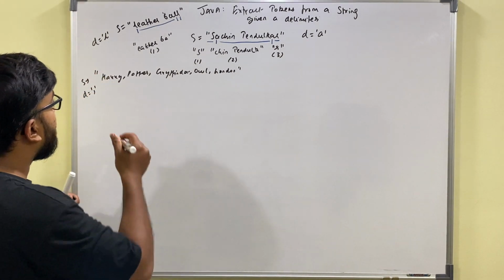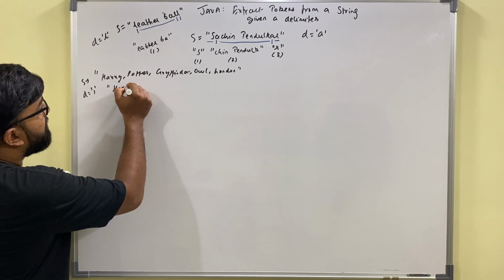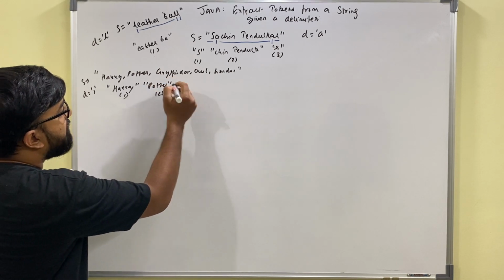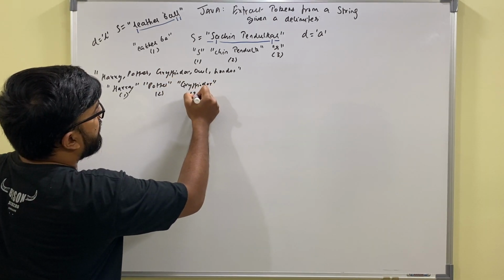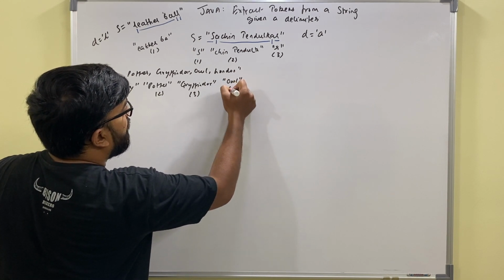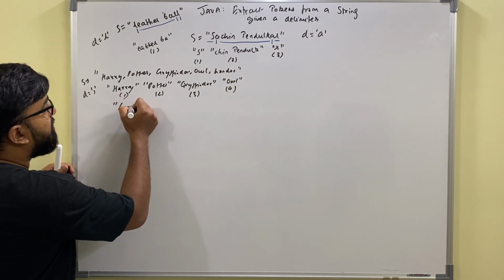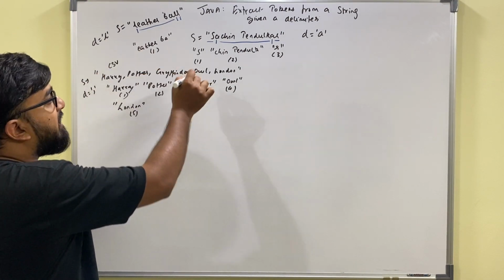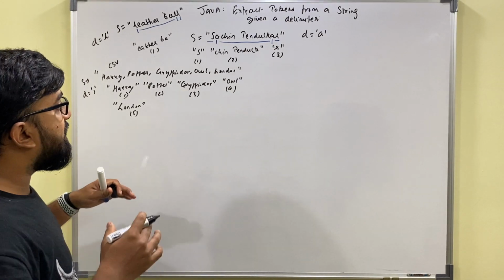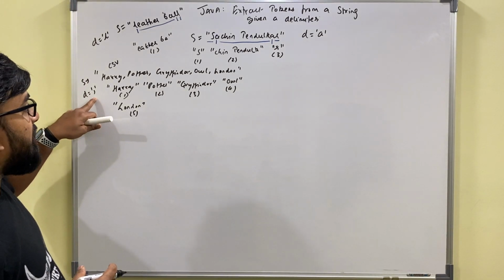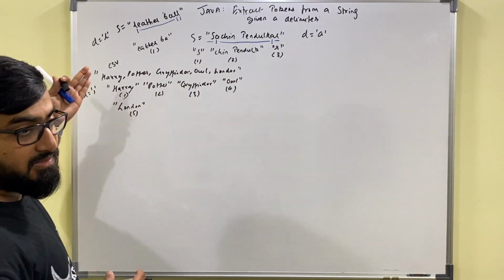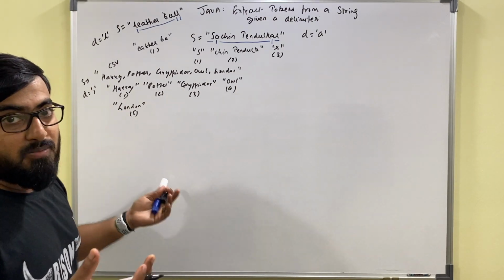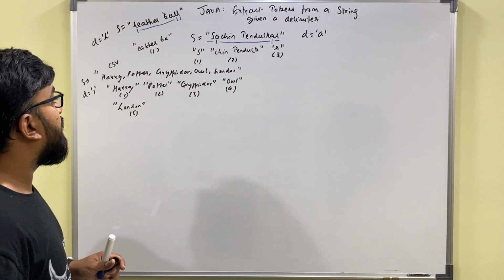So my tokens are Harry, my first token, then Potter is my second token, Gryffindor is my third token, owl is my fourth token, and London is my fifth token. This is what we call a comma separated values line. We must have heard of CSV files, and the delimiter in this is a comma which separates properties of something. In this case, about Harry Potter, house is Gryffindor, pet was owl, comes from London. Not much of a Harry Potter fan, but I know the basics.